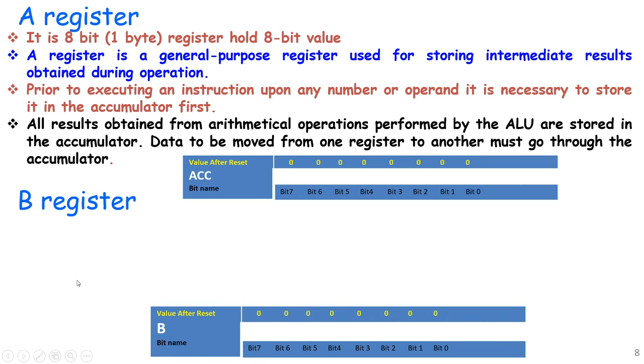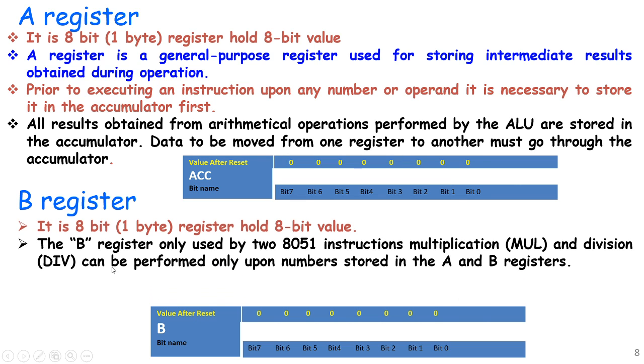The B register is another 8-bit register, bit 0 to bit 7, and its value is reset when the reset pin is activated. It holds an 8-bit value.